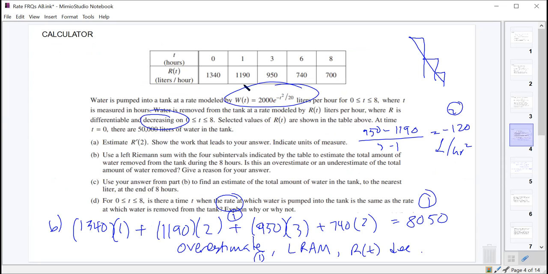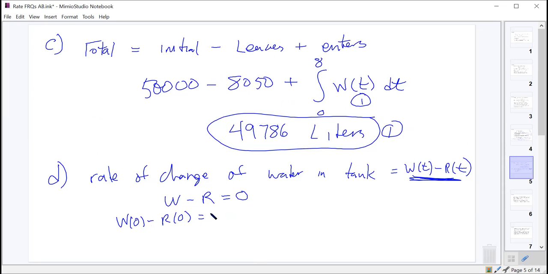So W is 2000 and R is 1340. So that is positive at 0. So if we can find a place anytime after that where that rate of change is negative, then by the intermediate value theorem, it must have been 0 somewhere in between.